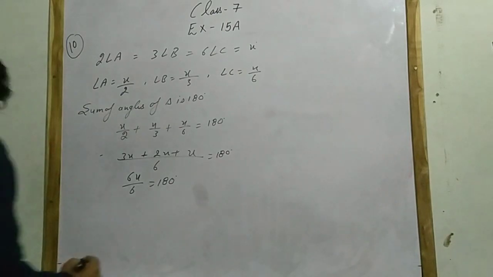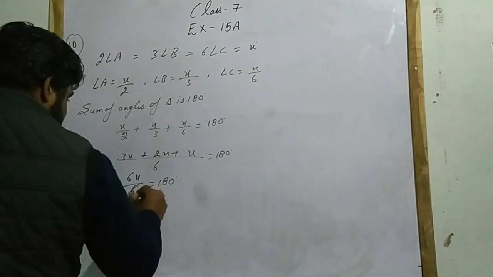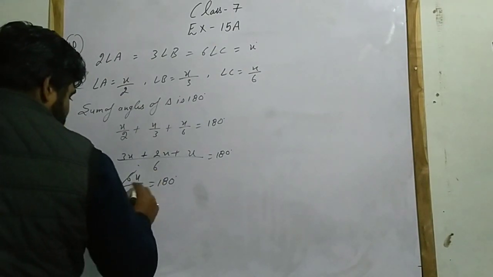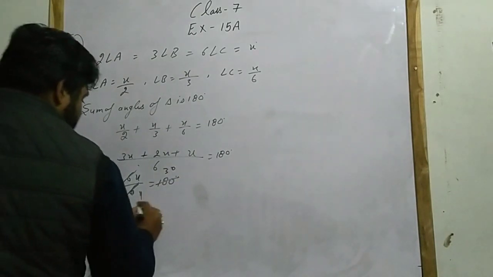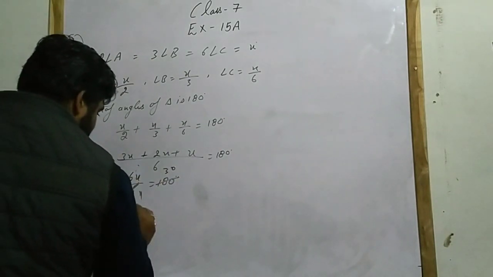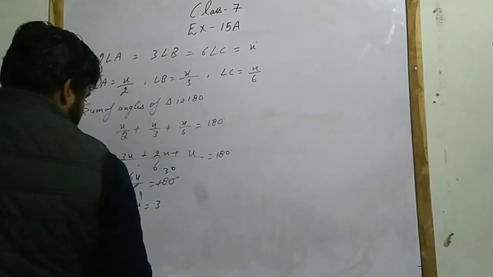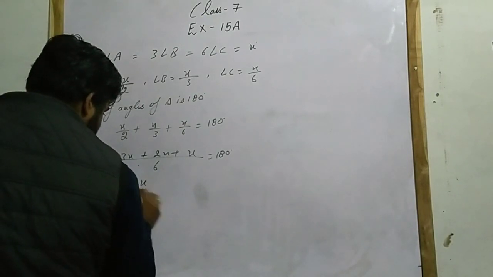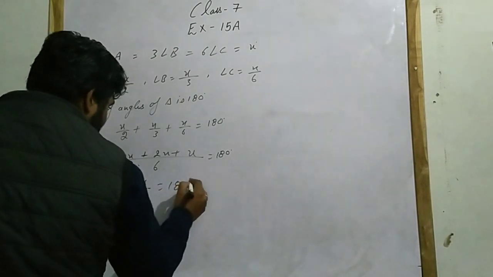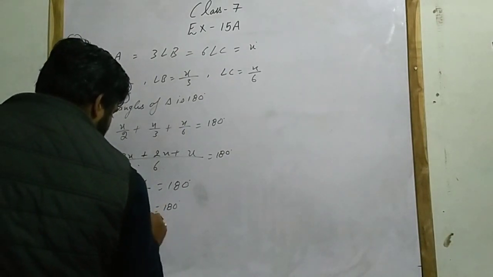So cancel out 6 and 6 from here. 6x upon 6 equals to 180 degree will come here. 6 and 6 will be cancelled, so x equals to your 180 degree.